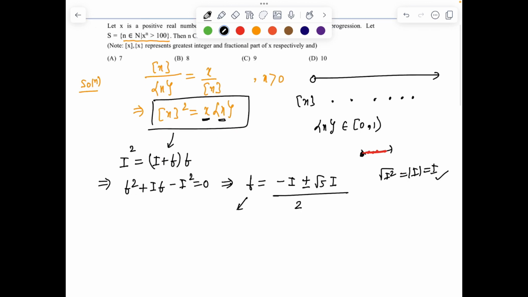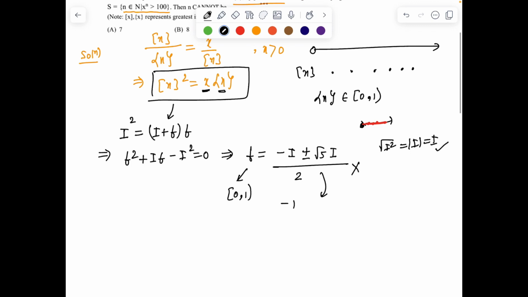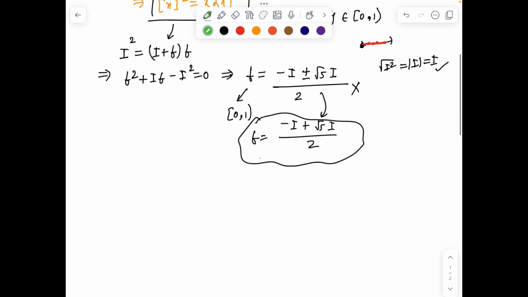Now from here clearly f is from 0 to 1 by the definition of fractional part, so the negative value will be discarded, so the only possibility for this to hold true will be minus I plus root 5 I, over 2. So we have got a nice expression for the fractional part of x. Let's see what we can do about this. So from here we can write the fractional part as I times root 5 minus 1 over 2. This belongs from 0 to 1.